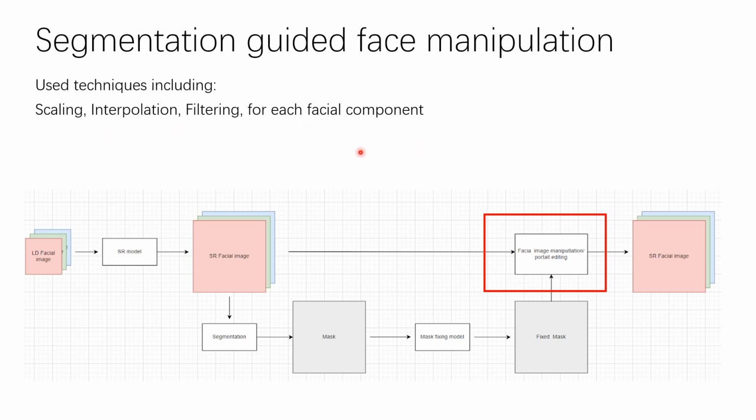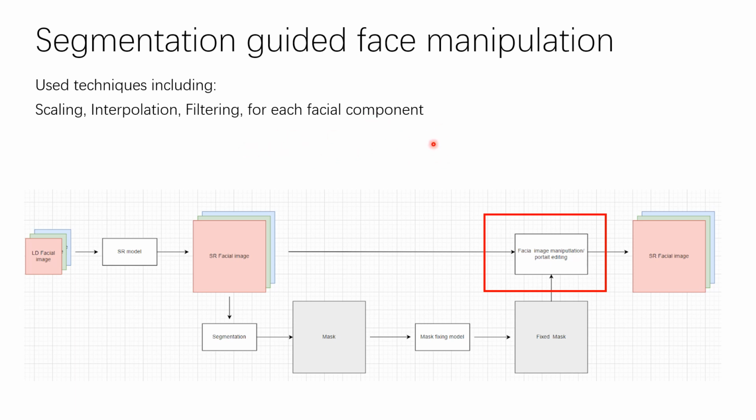For example, if the repaired mask tells us that your eyes are bigger than the original one, I will scale up your eyes and use some interpolation inside your eyes. And after these operations, I will filter around your eyes to make the borders less visible, to make the artifacts less visible.